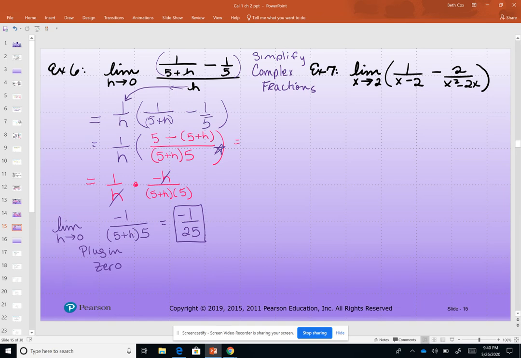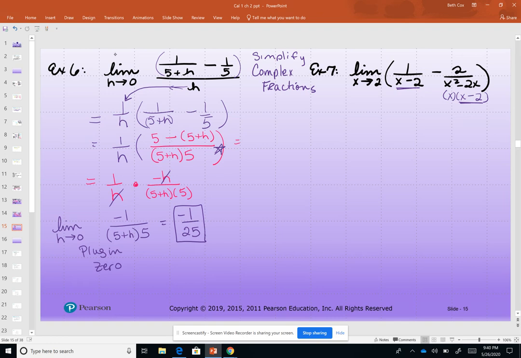Now this next one's a little more tricky, but I'm going to factor this one. I see that I have a common factor here, so that's going to be my common denominator. I can do this slightly differently, or I can do the same trick. Let's try the same trick just to see what happens.